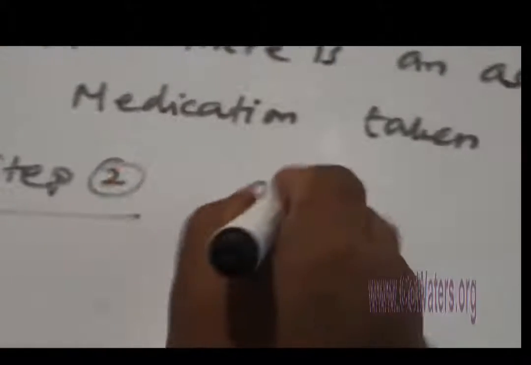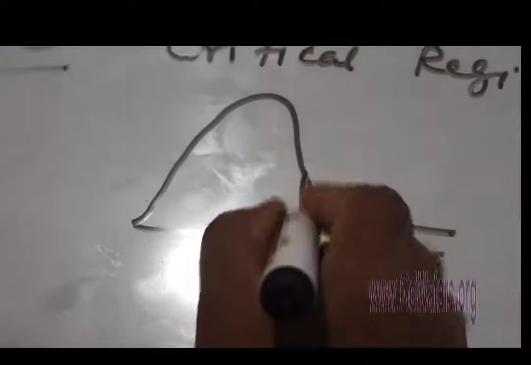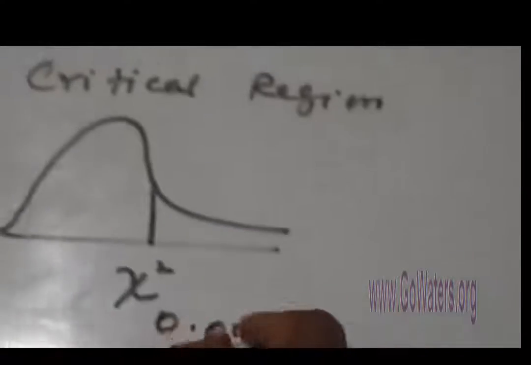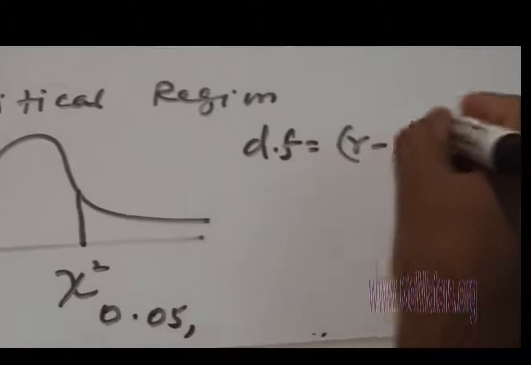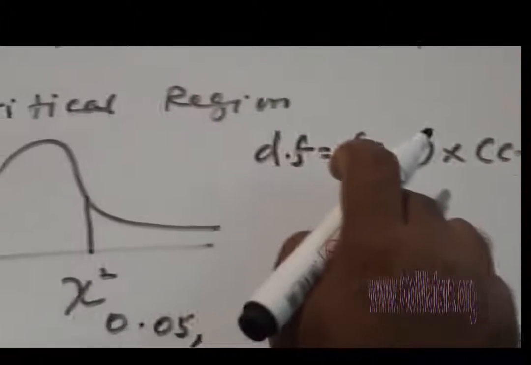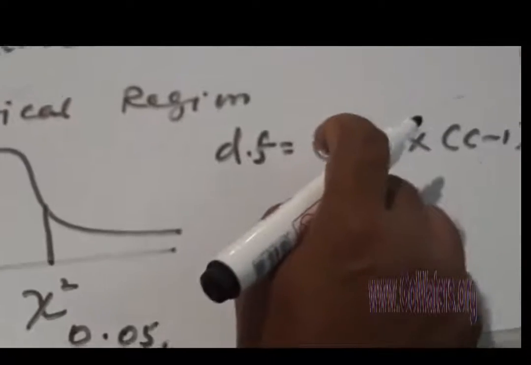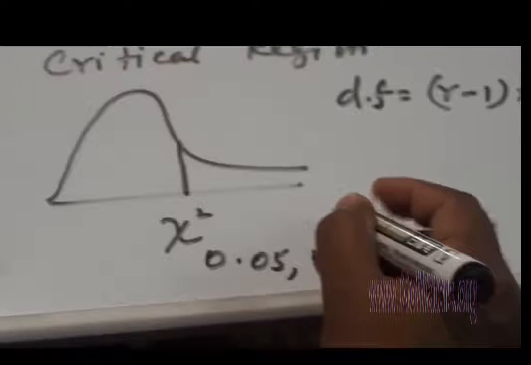Step 2 is the critical region. As I said, the graph goes like this, and with a 5% significance level, chi-square at 0.05 with degrees of freedom equal to (R minus 1) times (C minus 1), the number of rows minus 1 times the number of columns minus 1. Here we have 2 rows, so 2 minus 1 is 1, times 2 columns minus 1 is 1. So 1 times 1 gives 1 degree of freedom.